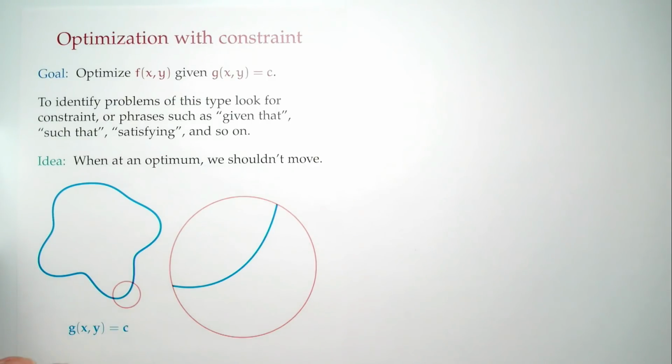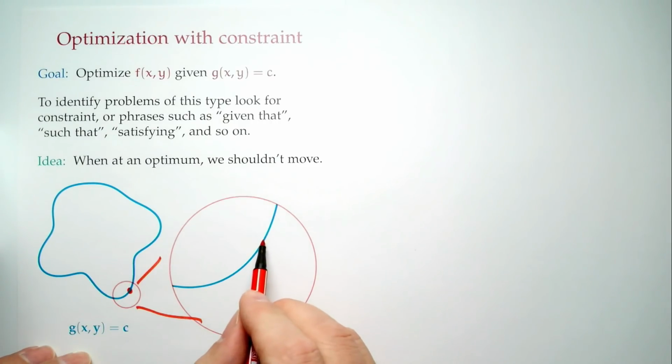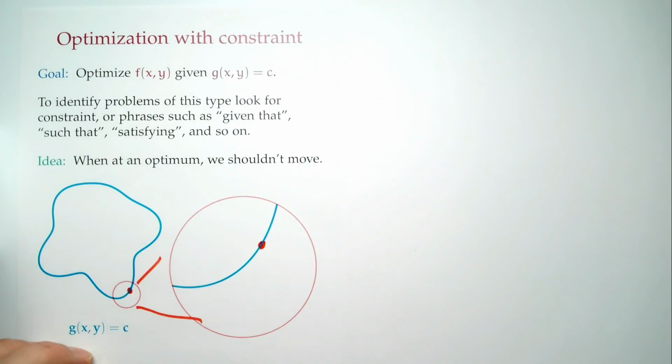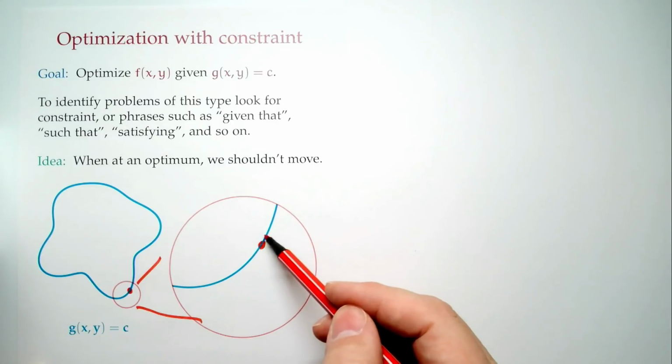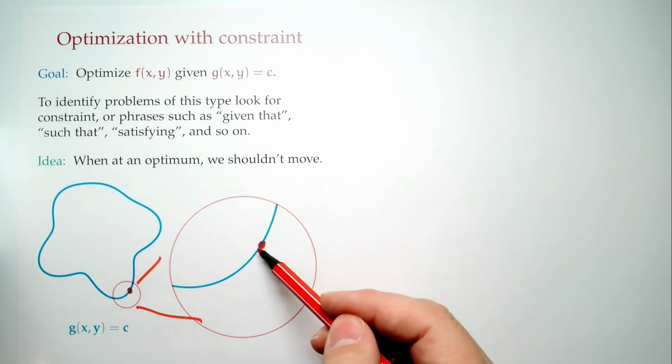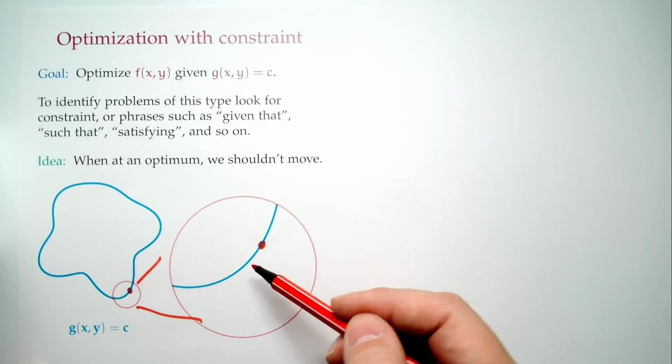All right, so how do we make a decision? Well, suppose I'm at a point. So here's my point, and I'm going to blow this up. Conveniently already done for me. And I'm at this point. Remember, this bluish line is our constraint. So when I talk about moving, I'm going to move along this blue line. I'm going to either move slightly in that direction or slightly in that direction.